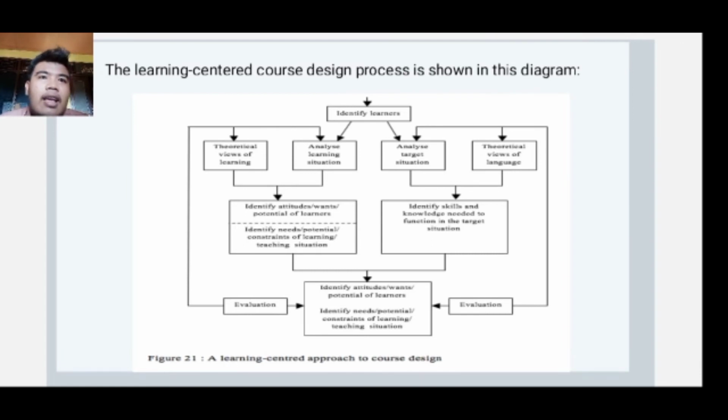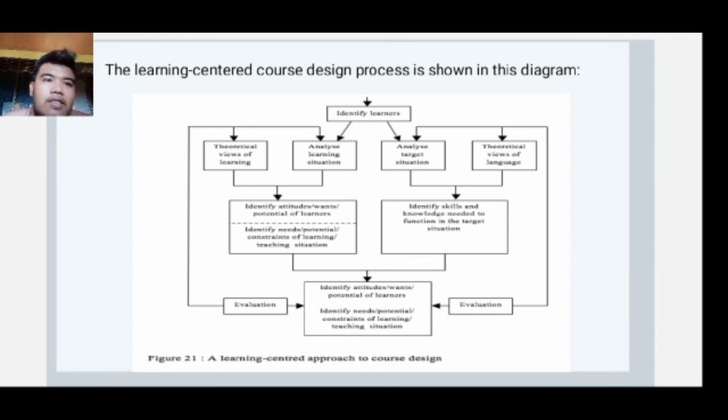First, identify learners, then theoretical views of learning, analyze the learning situation, analyze the target situation, theoretical views of language, then identify attitudes, wants, and potential of learners, or identify needs, potential, and constraints of the learning or teaching situation.